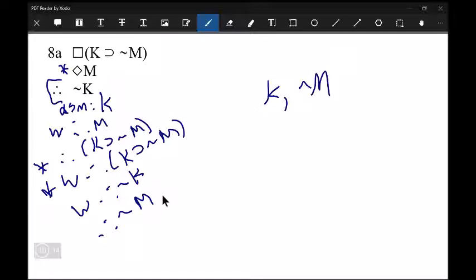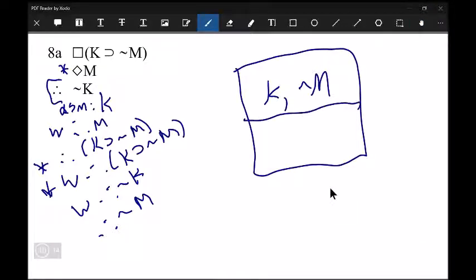So the actual world stuff you put together here in the box, whereas in world W you have M and not K. You are mistaken and you don't know. So in the actual world, what happens is you know but aren't mistaken, but what could have been is that you're mistaken and you don't know.